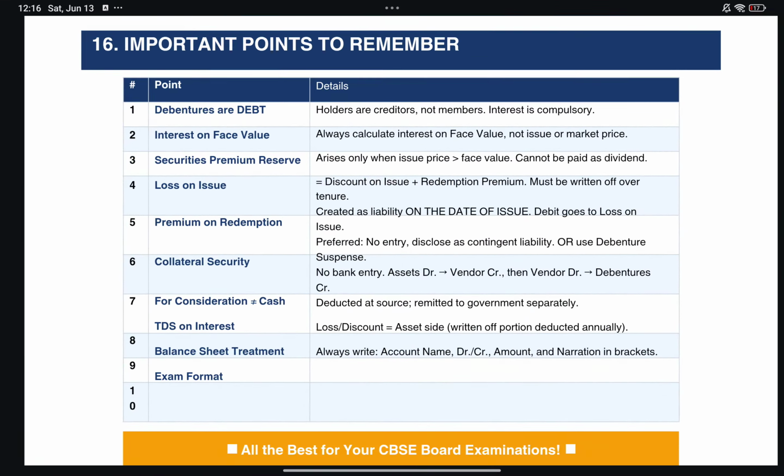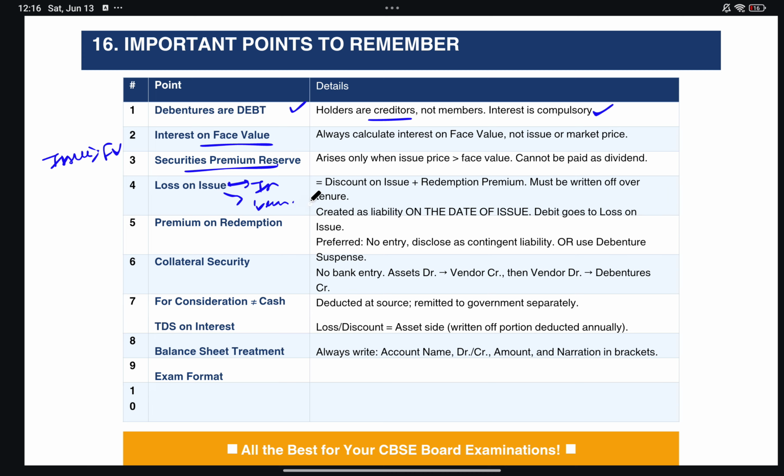Securities premium reserve will be created only when issue price is greater than face value. Loss on issue is when we issue at discount and redeem at premium, and this loss must be written off over the tenure of debentures.